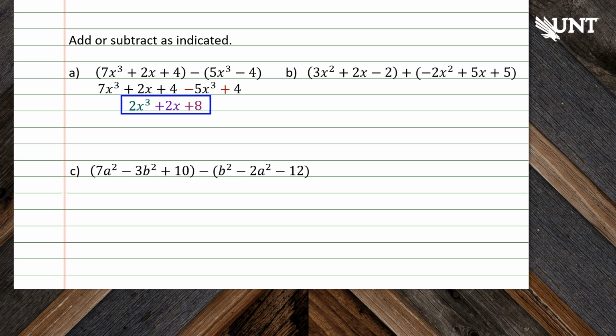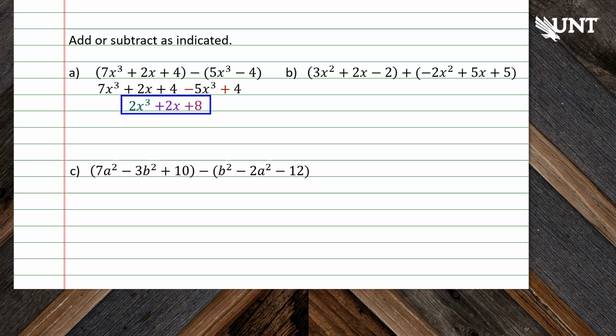Example B is (3x squared plus 2x minus 2) plus (negative 2x squared plus 5x plus 5). Now because of the parentheses, I can view this as a trinomial plus another trinomial.